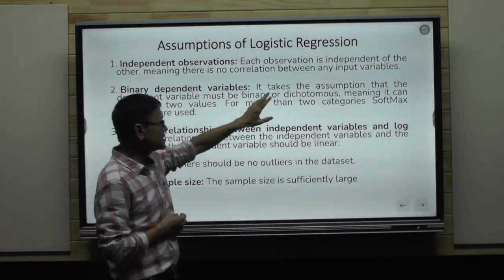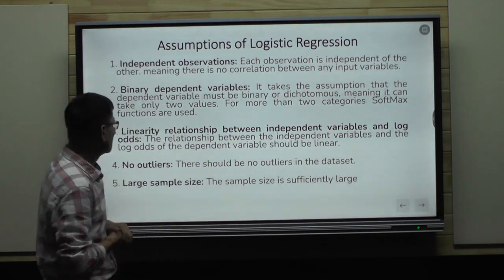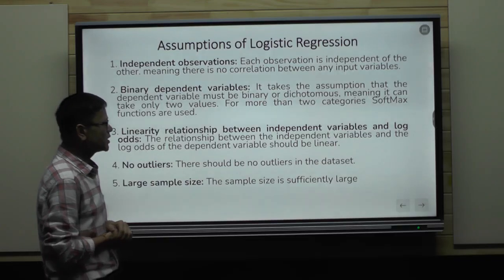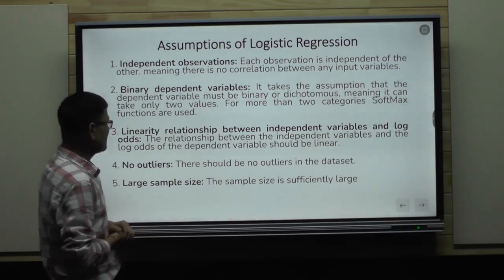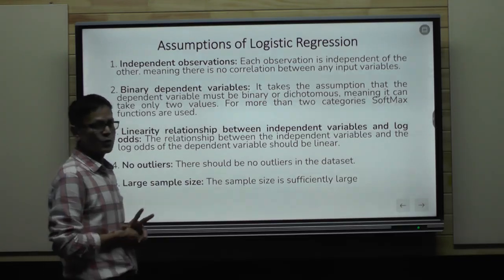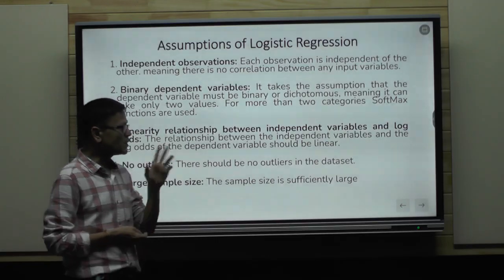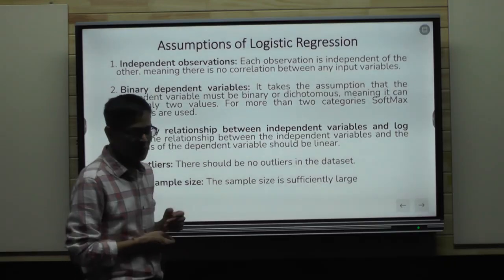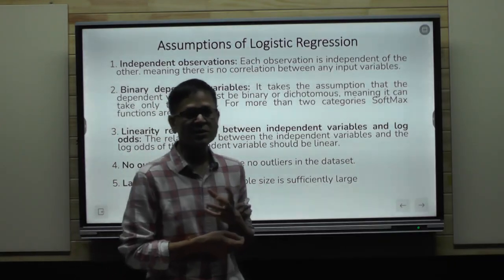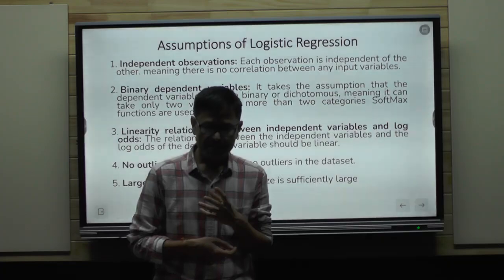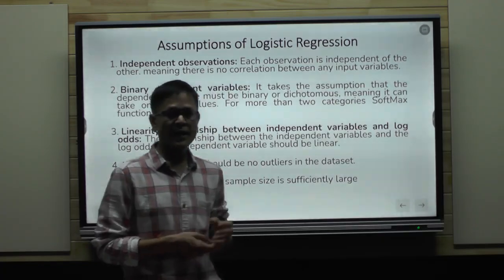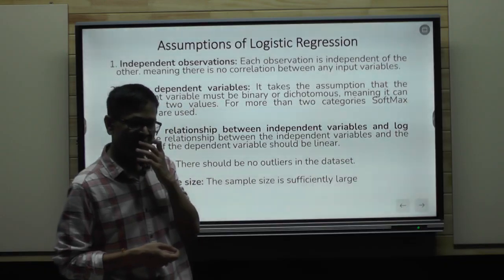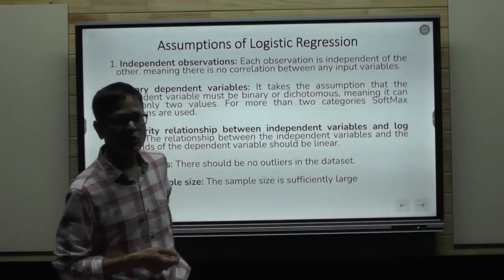Binary dependent variable: it assumes that the dependent variable must be binary, or dichotomous, meaning it can take only two values. For more than two categories, softmax functions can be used. I have told you that if you are doing predictions using logistic regression and have more than two classes to predict, you can use advanced functions like softmax.